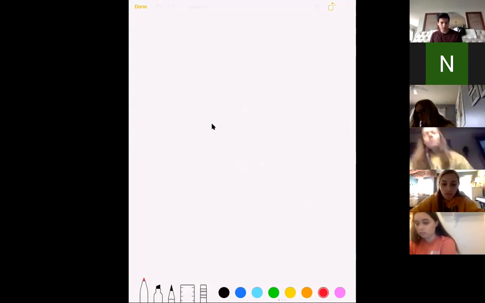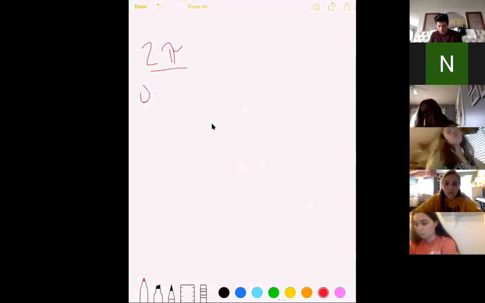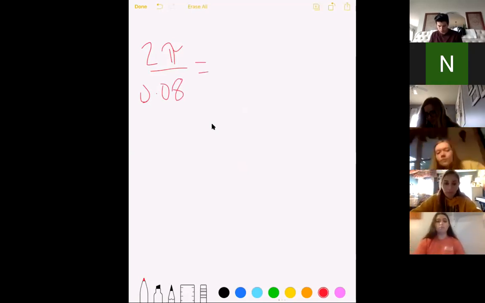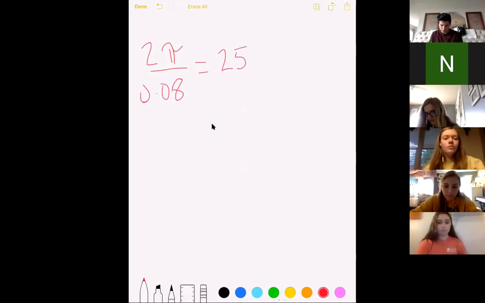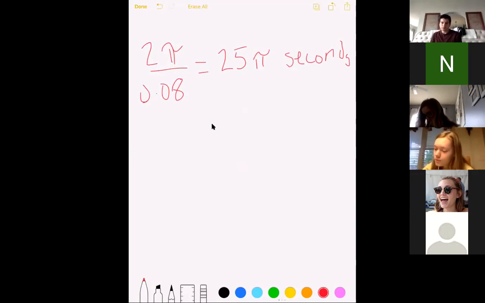So we would just have 2 pi over our b, which in this case is 0.08, which is equal to 25 pi seconds. I leave things in pi normally. I think IB would accept this, but if you were to actually multiply it by pi, just make sure you round to 3 significant digits.